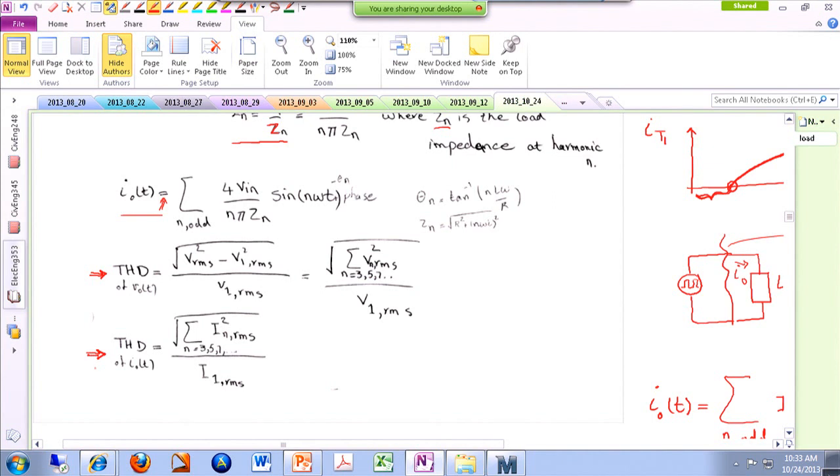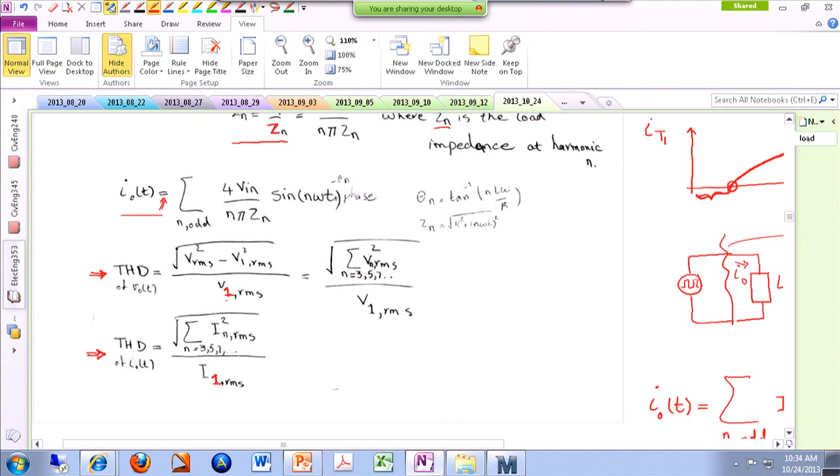Remember, in the numerator we had the RMS value of all of the undesired components. And in the denominator, we had the RMS value of the desired component. So as you can see, the desired component is the fundamental harmonic. So V1 and I1 appear here. Then on top, we have the RMS values of the rest of the signal that we don't really care about. All right.